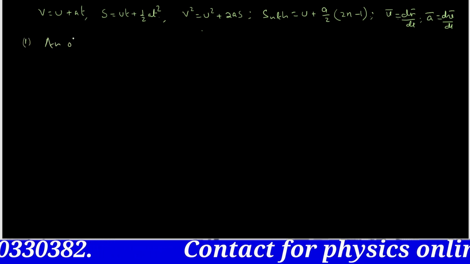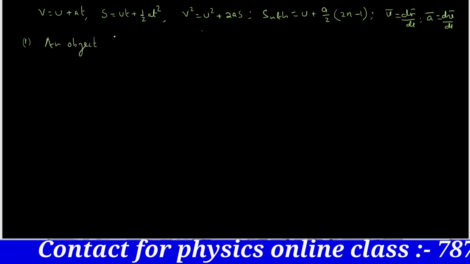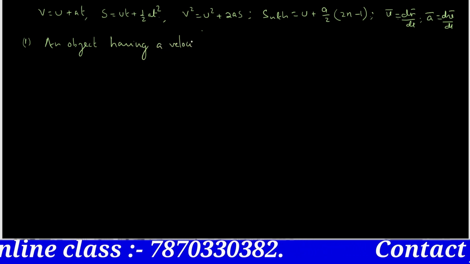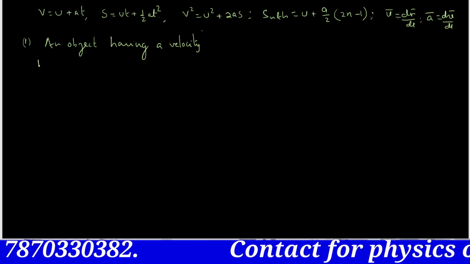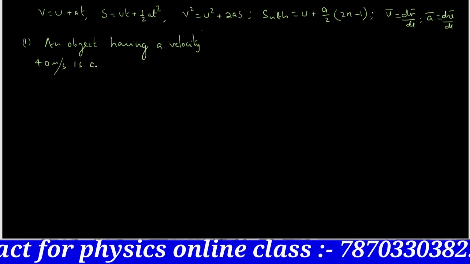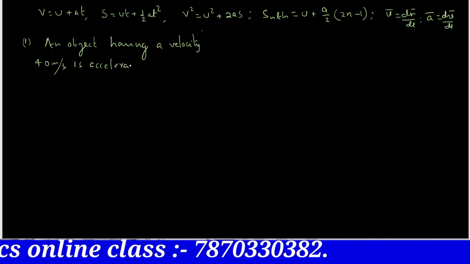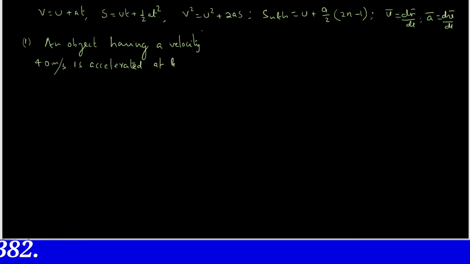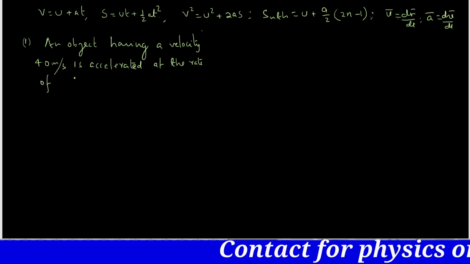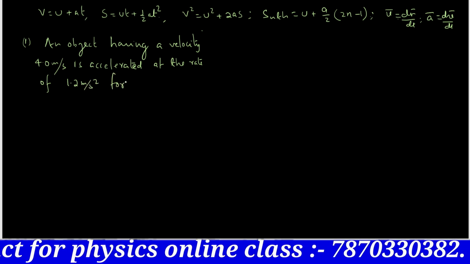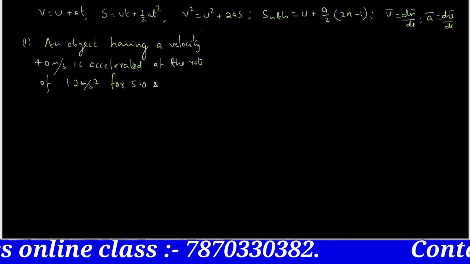An object having a velocity 4.0 meter per second is accelerated at the rate of 1.2 meter per second square for 5.0 second.